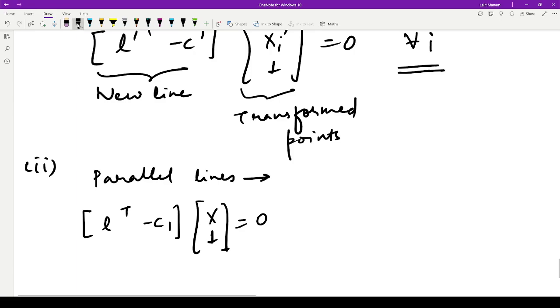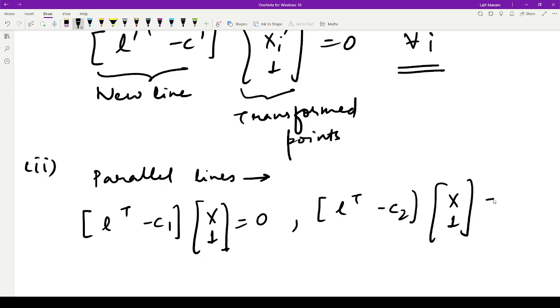Okay, that's fine. But since we are writing it in general form, and for this specific case we are going for 2D transformation so that we don't have a problem with the definition of lines. So L transpose X minus C2, X and 1. Do you agree with this?